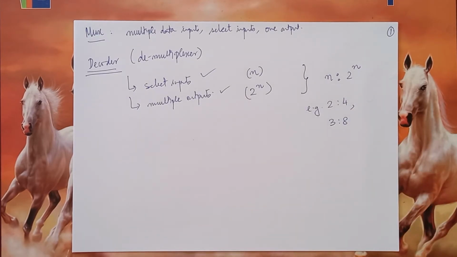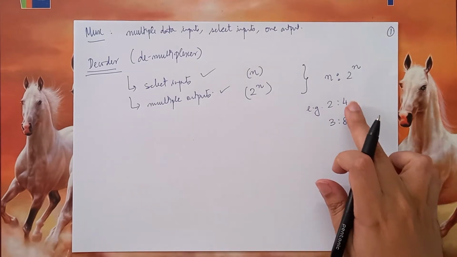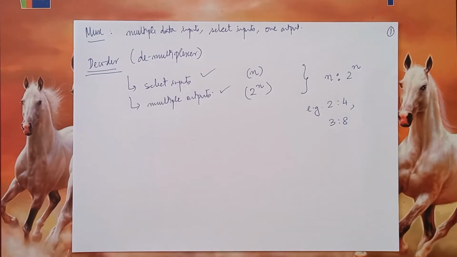So let us start by taking the example of a 2 is to 4 decoder, which in terms of understanding should be expectedly pretty close to a 4 is to 1 mux, the one with which we had started our discussion a few lectures ago.